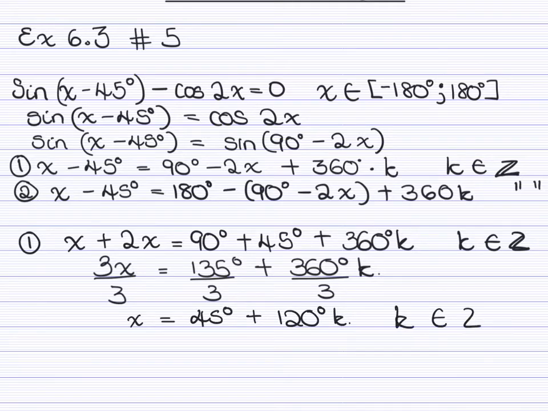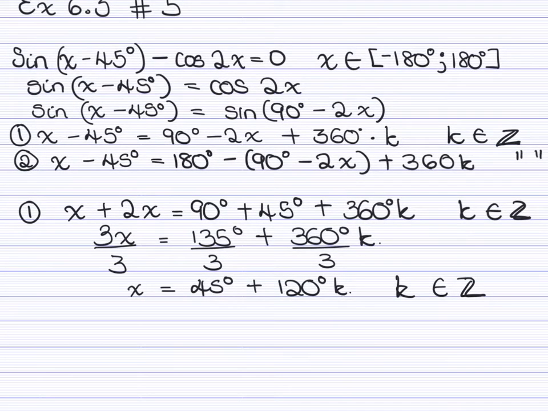Now this is the general solution for the first equation. Let's fully reduce the second equation. Again, grouping all my x's on the one side and my numbers on the other side. Right. x − 45°. Distribute the negative sign here into your brackets. So you have 180 − 90, we're left with 90°.